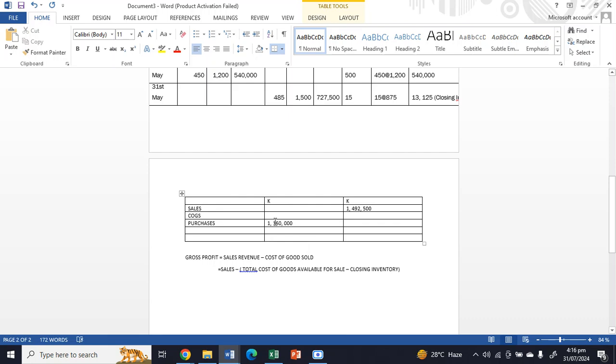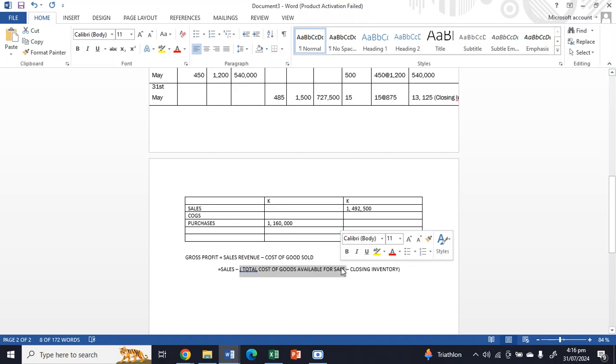So basically, this is also the total cost of goods available for sale. If there was opening inventory, we would have added it to this, and then we get our total cost of goods available for sale. But since there's no opening inventory, this purchases value will represent the total cost of goods available for sale.